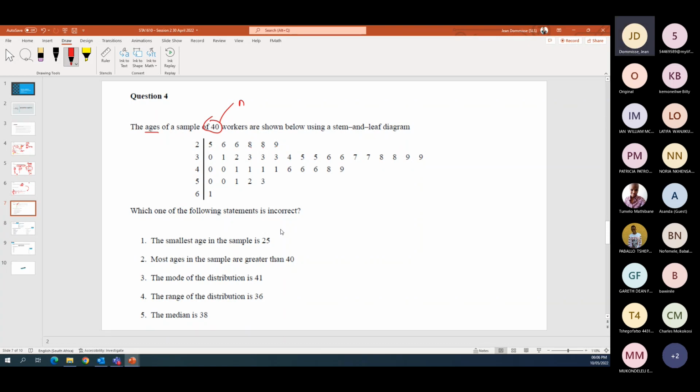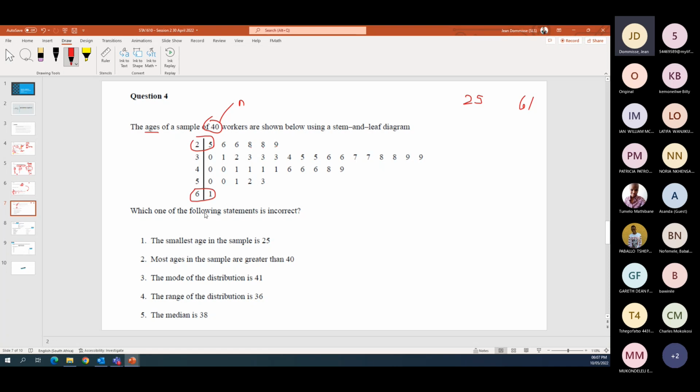When they say ages, they don't need to tell you it is 2-digit integers, because you don't get a 2.5 age. So ages means that your lowest number is 25. Because it's age, we know the highest age is 61.